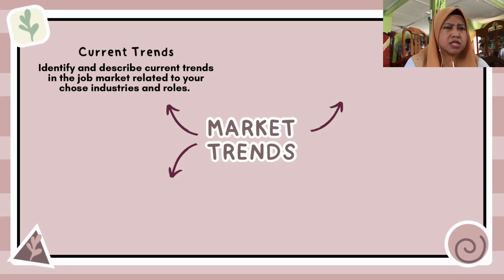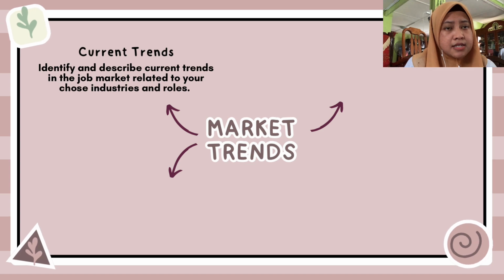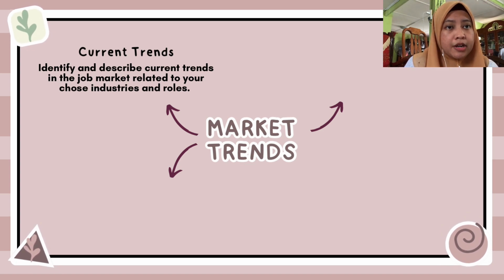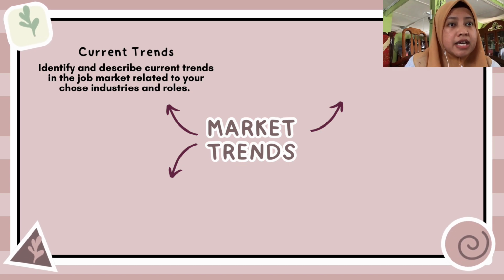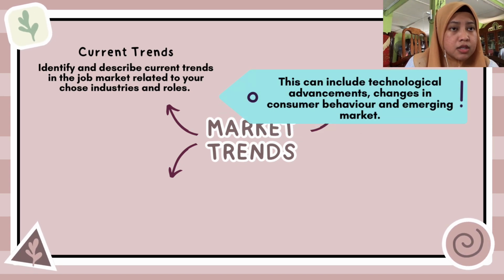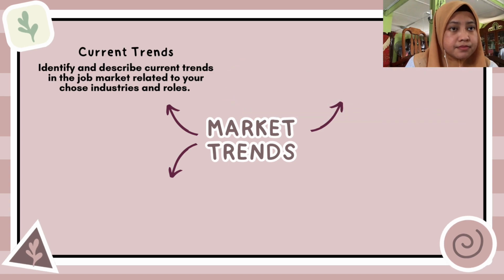For the market trends, you need to know a few things about this. You need to identify and describe current trends in the job market related to your chosen industries and roles. This can include technological advancement, changes in consumer behavior, and emerging markets.